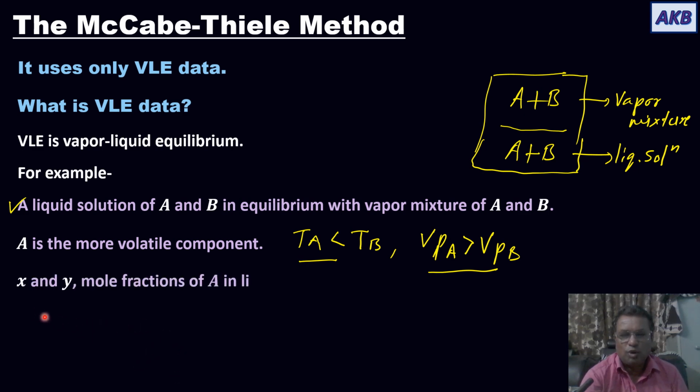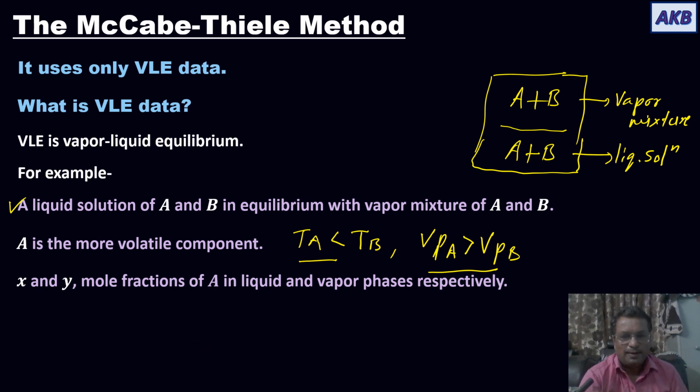Then small x and small y are mole fractions of A in the liquid and vapor phases respectively. That is, x is the mole fraction of A in the liquid solution and y is the mole fraction of A in the vapor mixture. And we are saying that liquid and vapor phases are in equilibrium with each other.